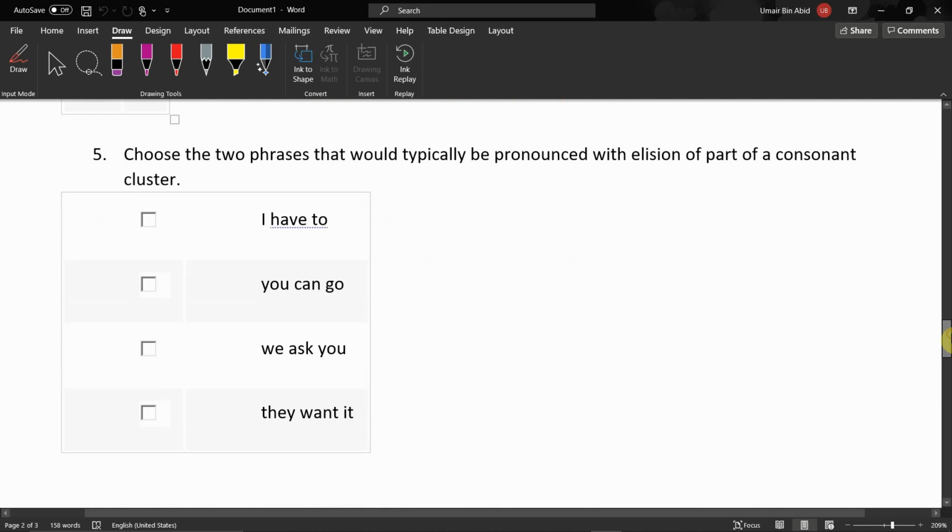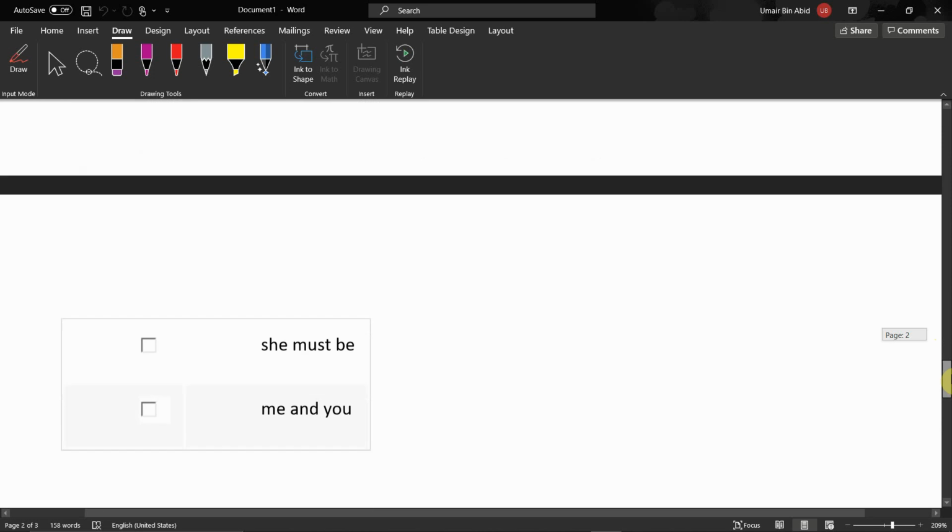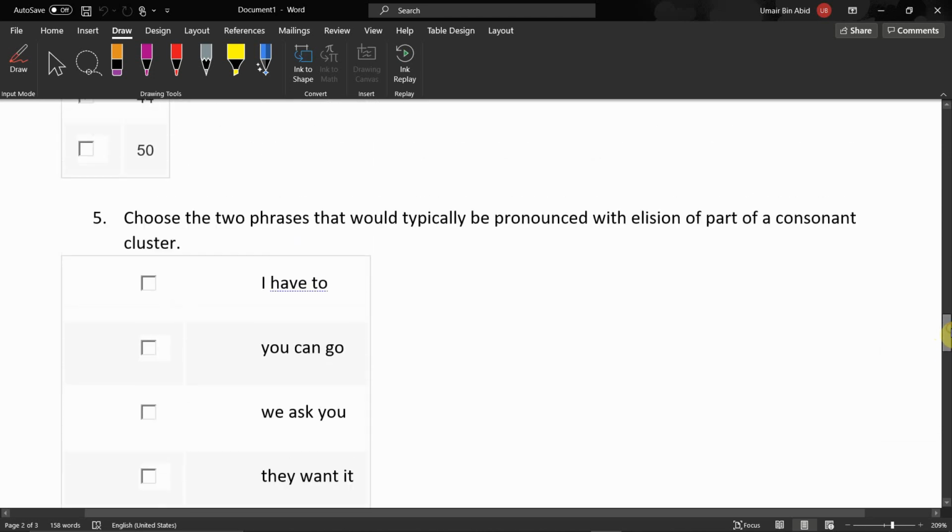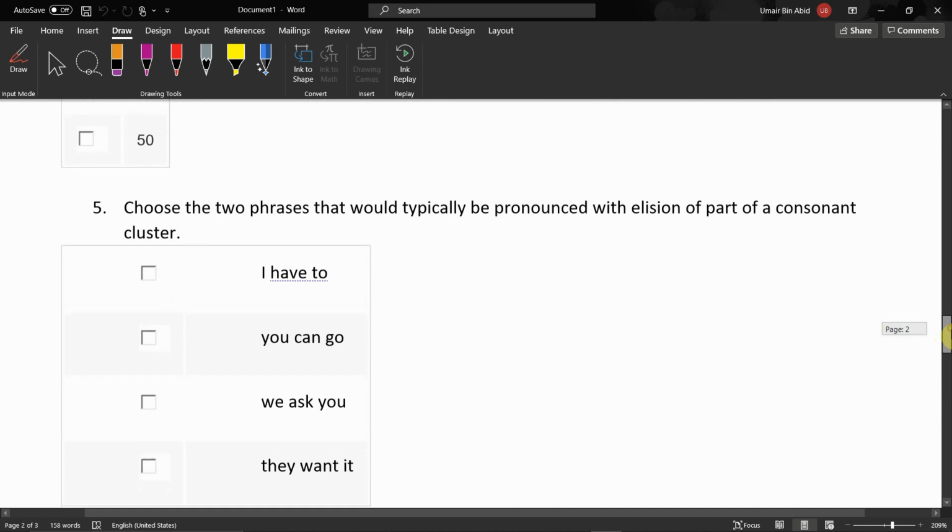The last: choose the two phrases that would typically be pronounced with elision of part of a consonant cluster. So in these utterances, we have to find two in which a consonant cluster is reduced, meaning a consonant cluster has undergone elision.